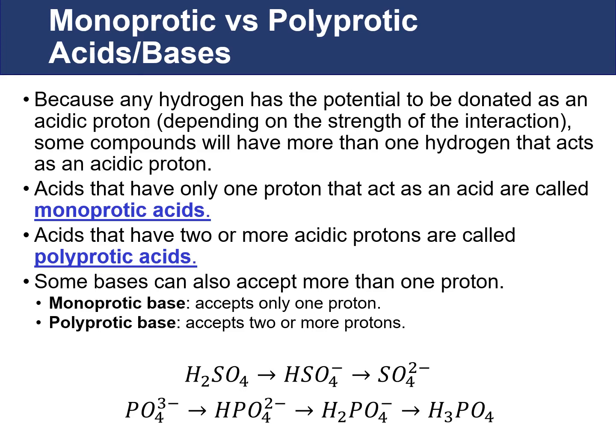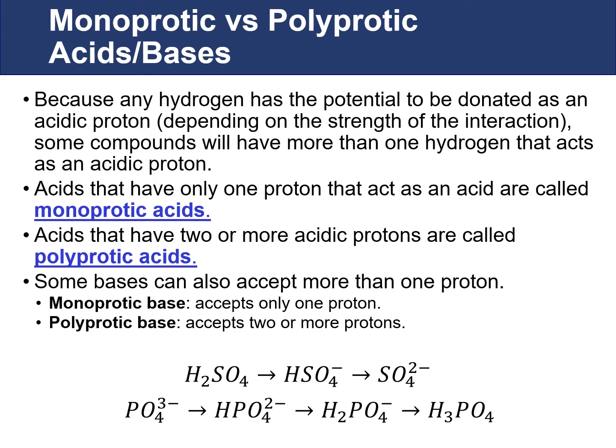However, when a hydrogen atom is bound to an oxygen, those are fairly weak bonds, and a lot of times the hydrogen that's attached to an oxygen can be donated and act as an acidic proton. So some compounds will have more than one hydrogen that can act as an acidic proton. The group that we've been talking about before, where only one proton was being donated, those are called monoprotic acids.